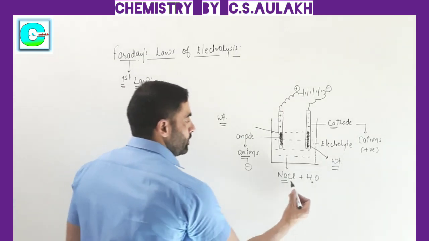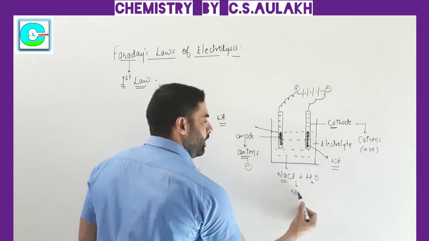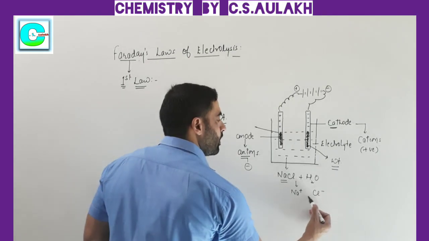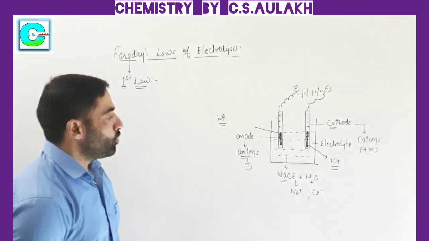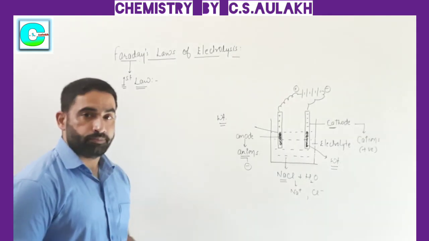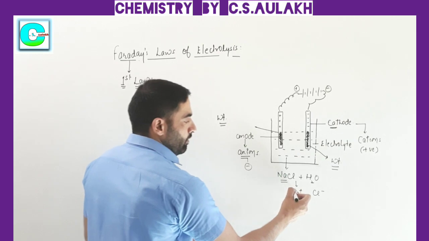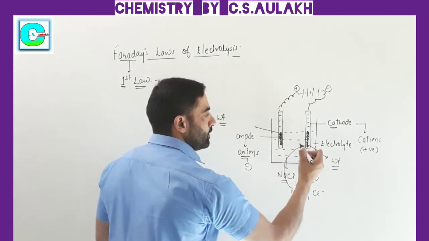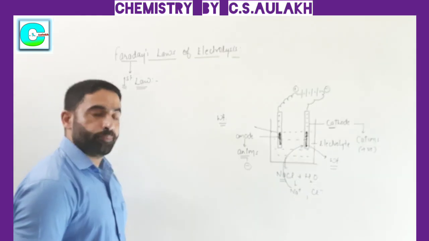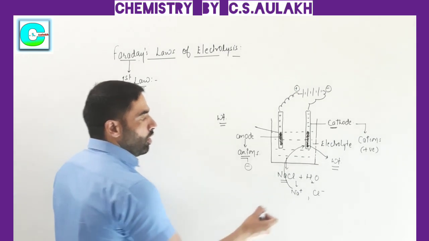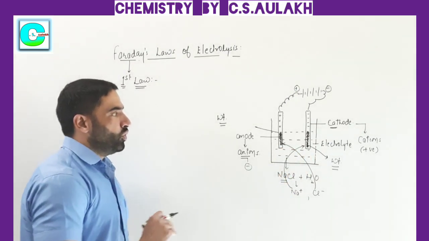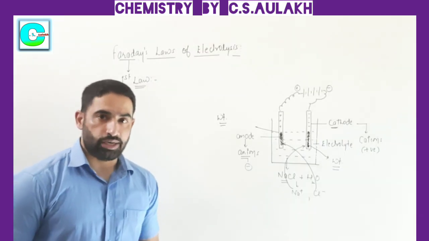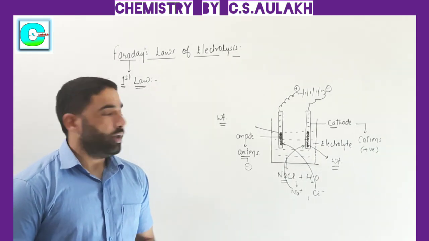In this solution, there will be sodium ions and chloride ions moving in the solution. When the electricity is on, sodium ions will start moving toward the negatively charged electrode, that is the cathode, while the chloride ions will move toward the positively charged electrode, that is the anode.